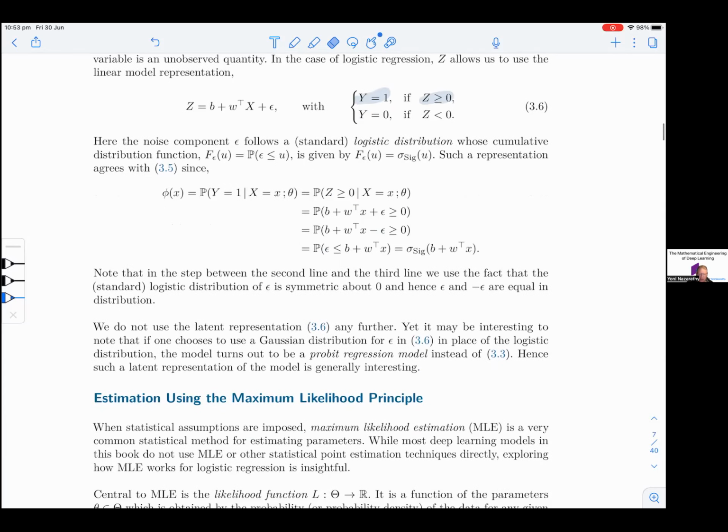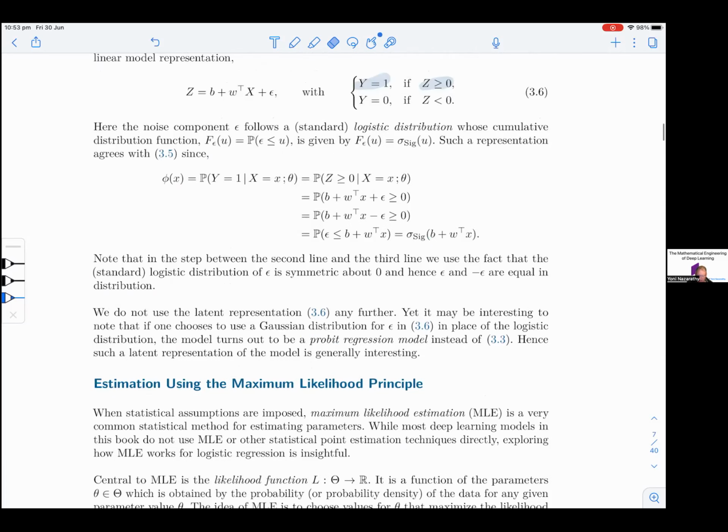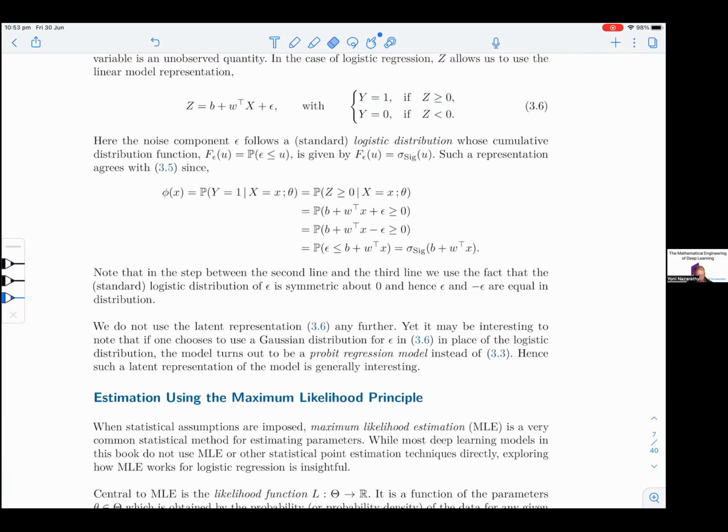We do not use this latent representation 3.6 any further. Yet it may be interesting to know that if one chooses to use a Gaussian distribution for epsilon in 3.6 in place of the logistic distribution, the model turns out to be what is called a probit regression model instead of 3.3.